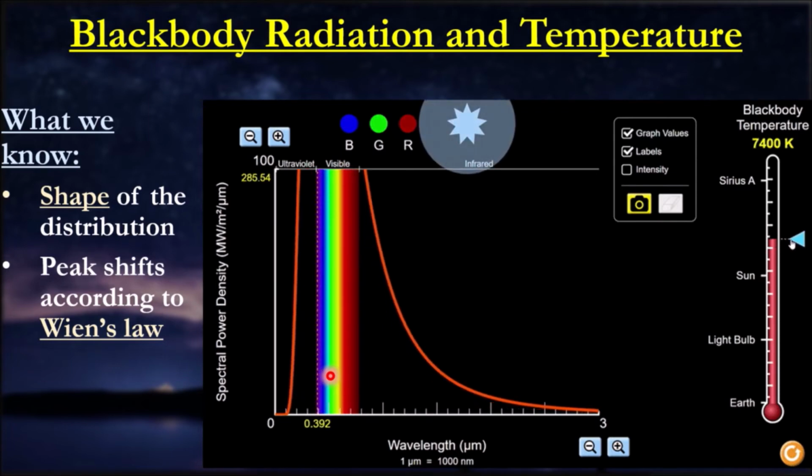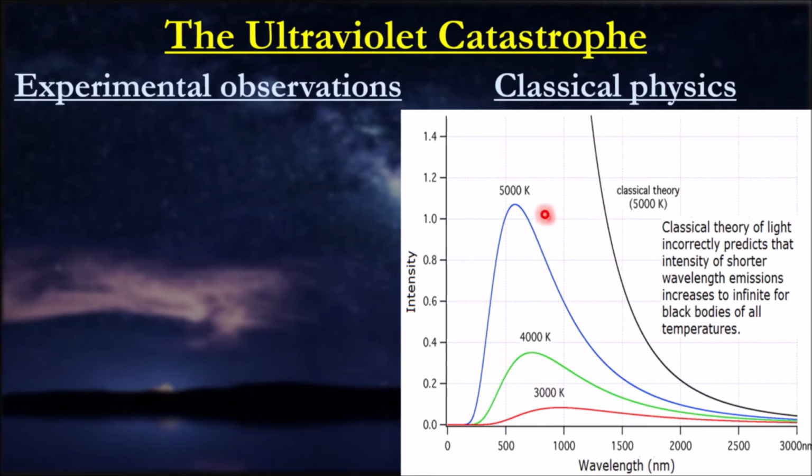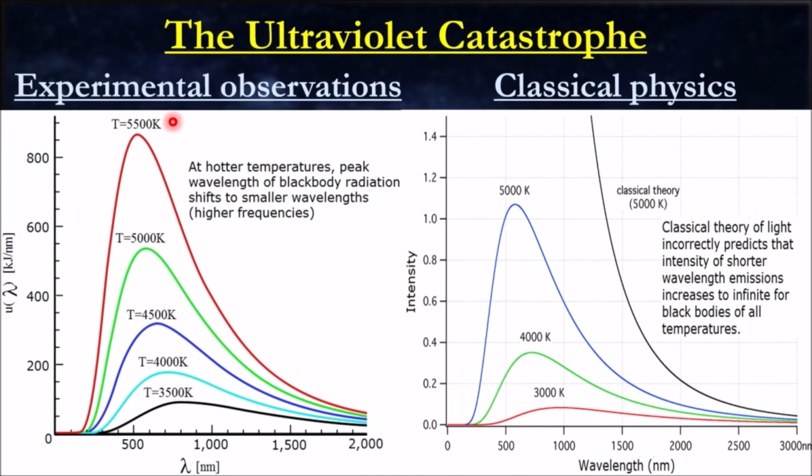Now, there's an issue here. In classical physics, we actually see something slightly different. Experimentally, this is what we see. As we increase the temperature, the shape of the curve begins to peak further towards the smaller wavelengths of light, and then it has a sudden drop down like that.